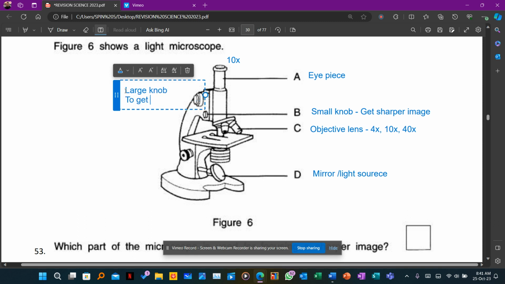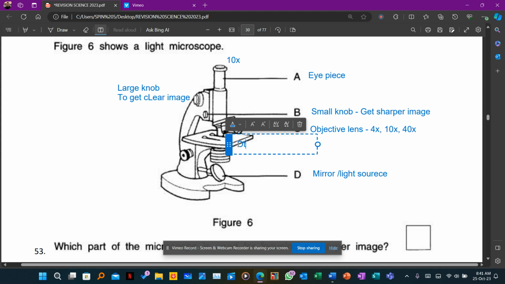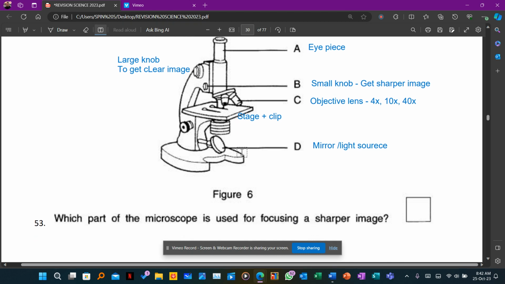Get clear image. Okay. And here, the thing here is called stage. And stage is used to hold the specimen on the slide with a clip. So here's the clip to hold the specimen together.